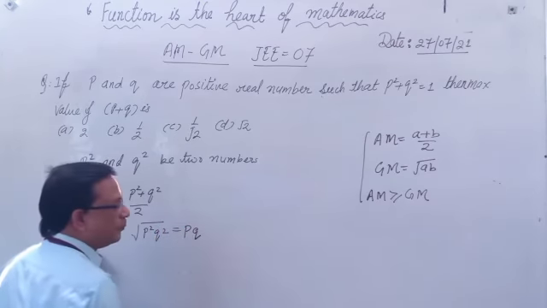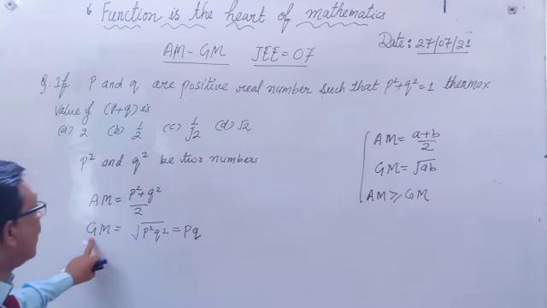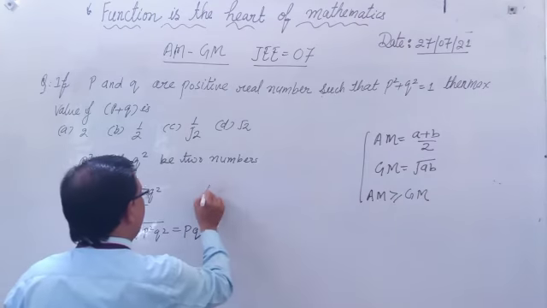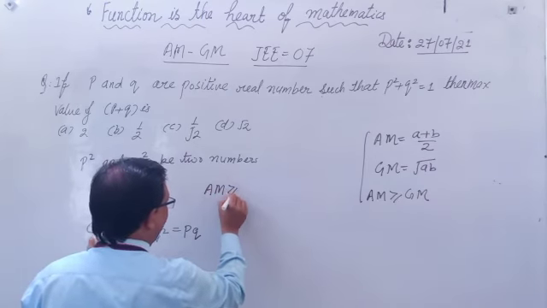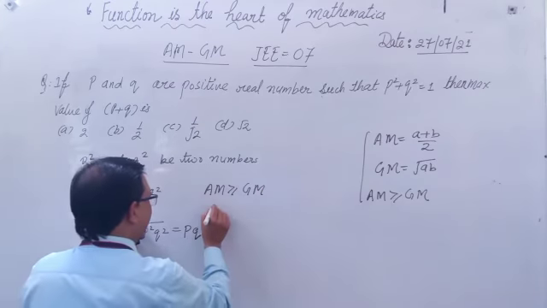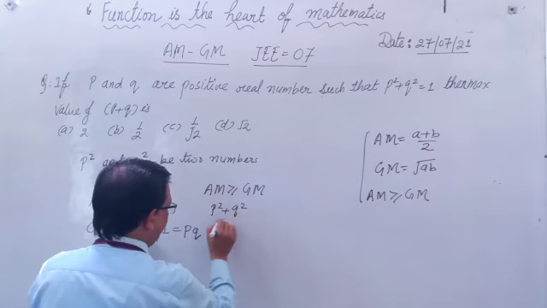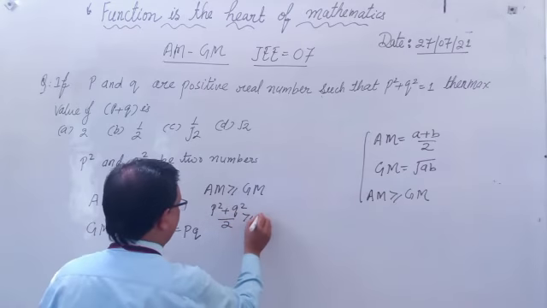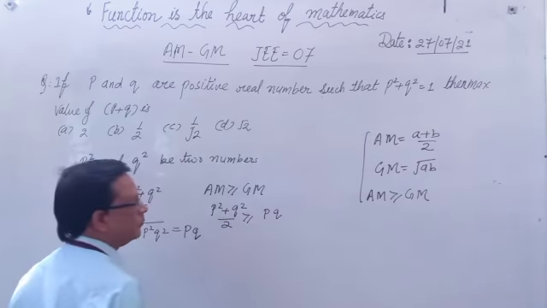We take the positive value, and we know that AM is greater than or equal to GM. Means p square plus q square upon 2 is always greater than or equal to pq.